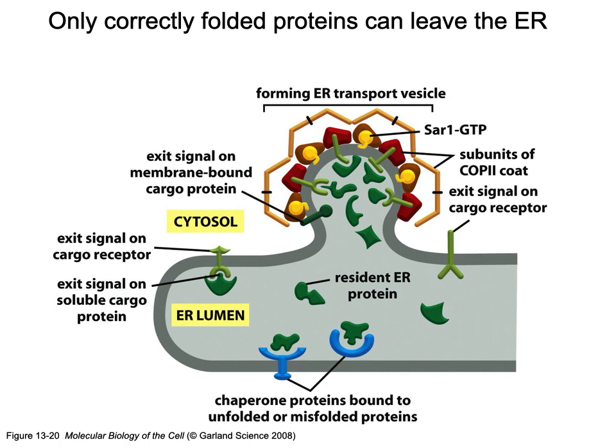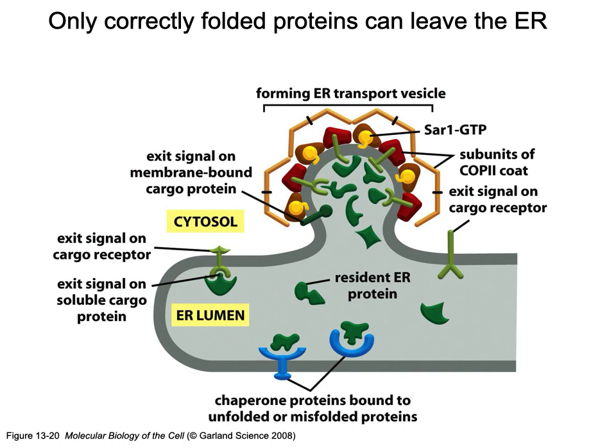Resident ER proteins, proteins that have the KDEL sequence that says retain, keep me here, will remain in the ER, but the ones that do not have this retention sequence are going to be picked up by receptors and moved into vesicles so that they can bud off and move into the Golgi, so that we can move to the next step, right?